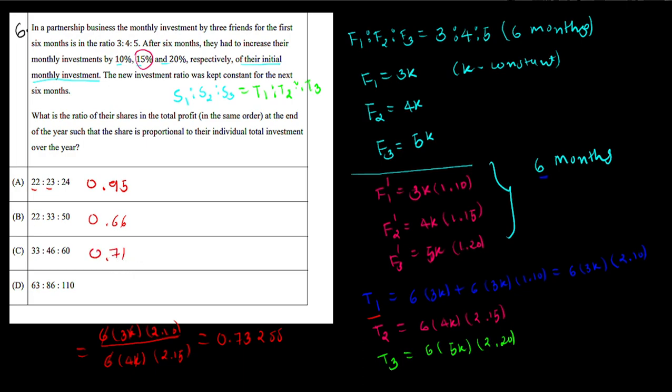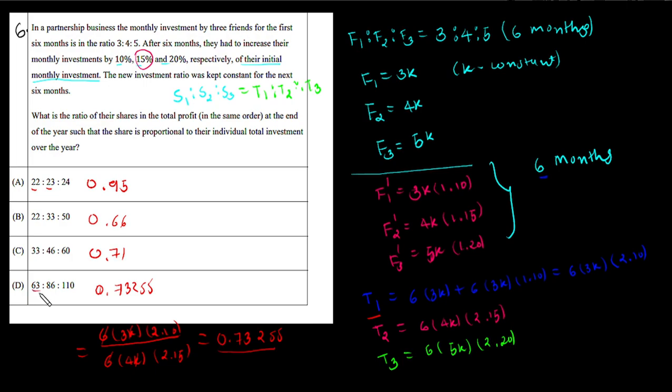Now for the last option, 63 divided by 86, it will give me the ratio of 0.73255.